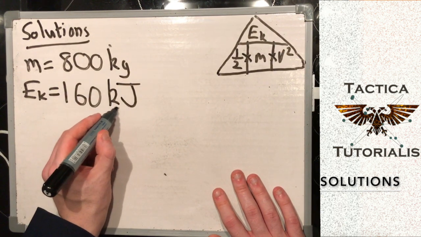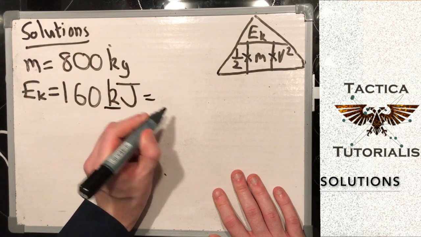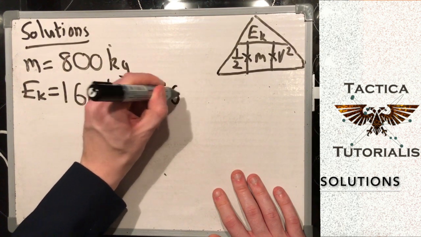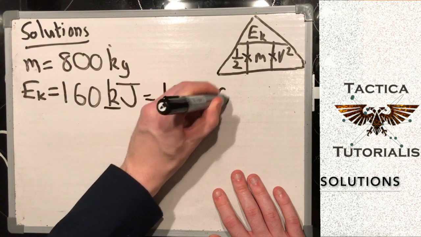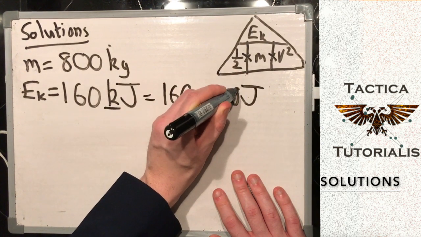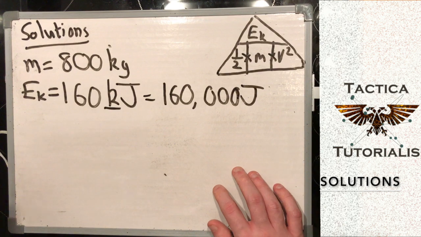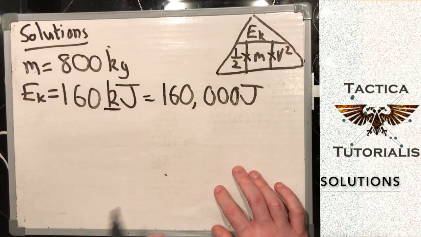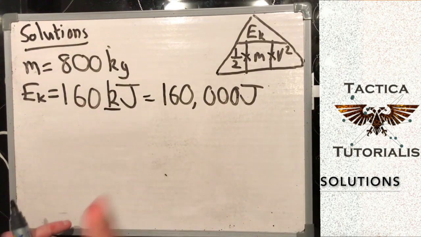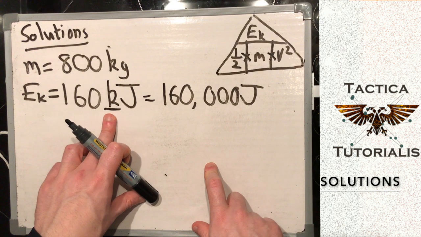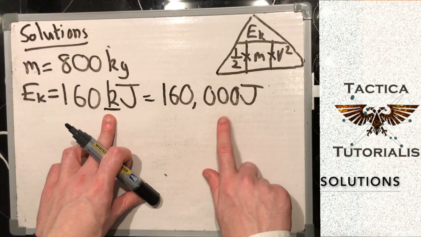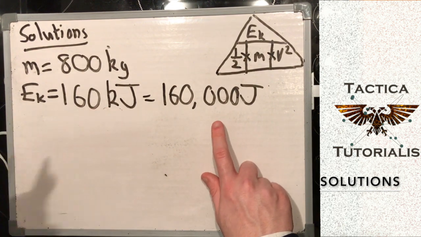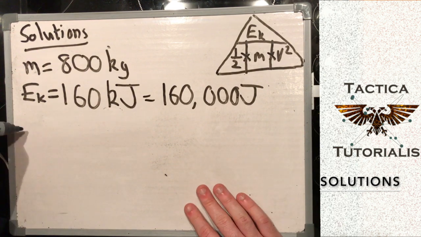So again, we've got that kilojoules. So we need to switch this into 160,000 joules. If you've done it with 160 and not 160,000, then you'll get one less point. You get what we call error carried forward for making that mistake quite often, but you see a K for kilojoule, you need to times it by 1,000. Remember that.